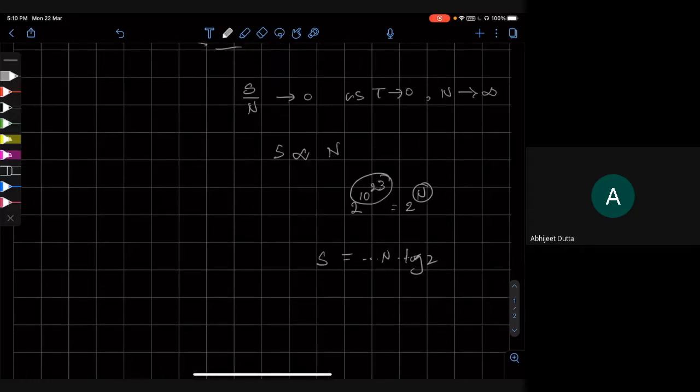Usually the entropy scales with N. That's why we are asking for the entropy density to go to 0 rather than the entropy, because if our system is large, there is a chance that the entropy itself doesn't go to 0. Okay.